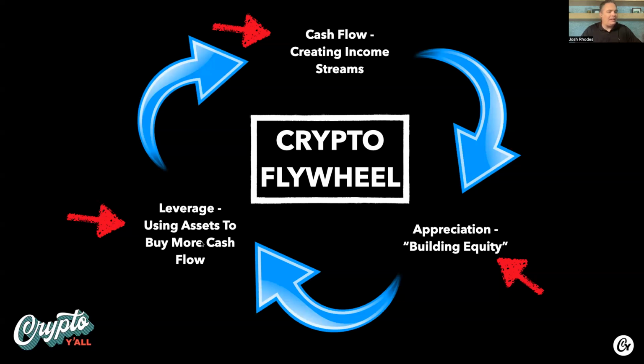We're buying things that we have conviction in. We're buying cash flow. And this could be outside of crypto, like I've done many times with real estate investing. But inside crypto, leverage is very powerful, even to buy more Bitcoin if you want to, or buy more of a particular cash flowing protocol that you have been in and have had success in.